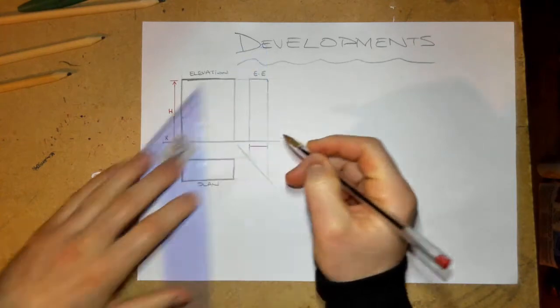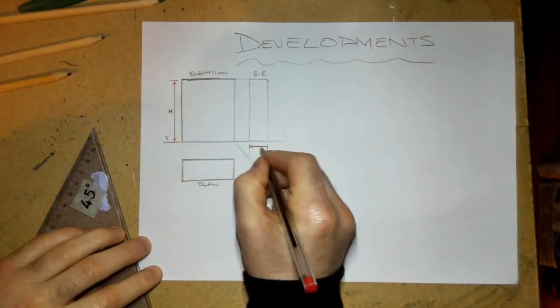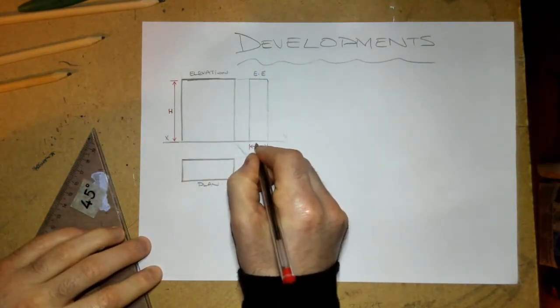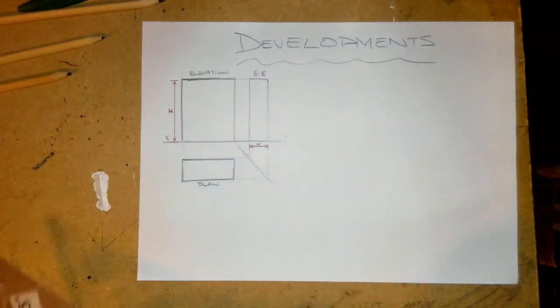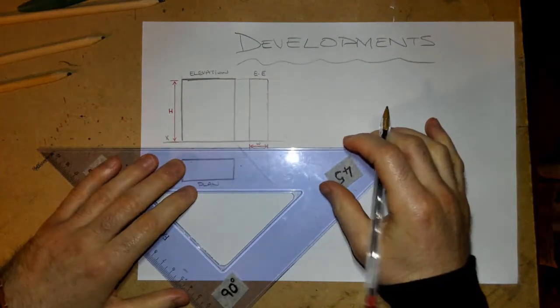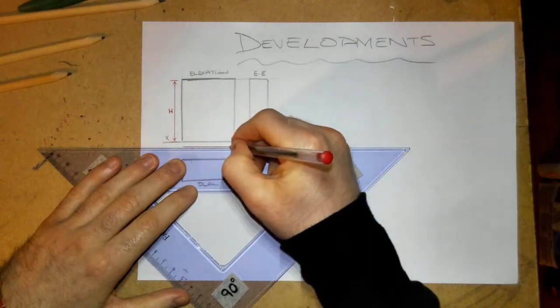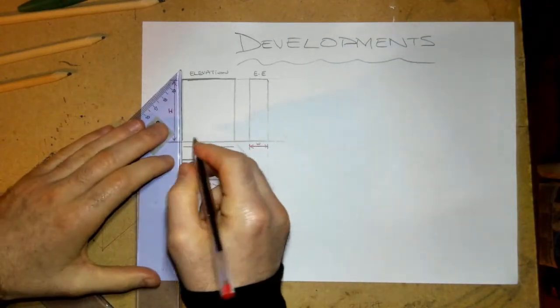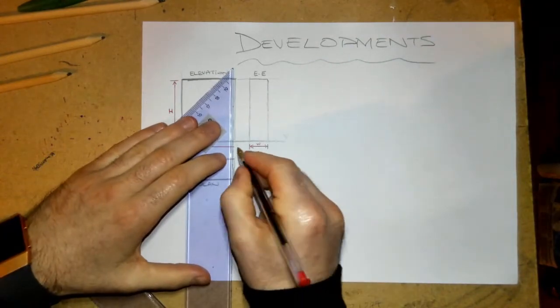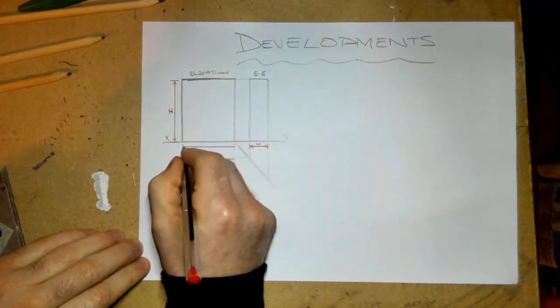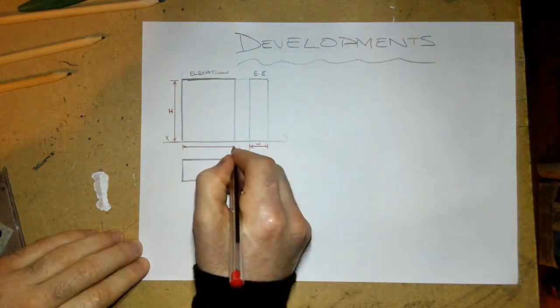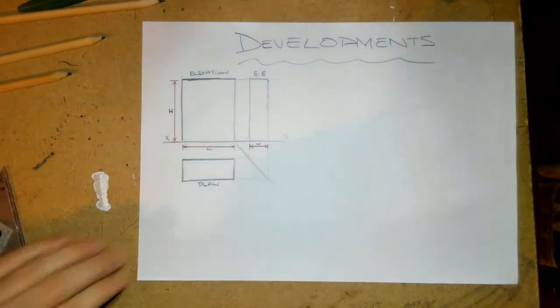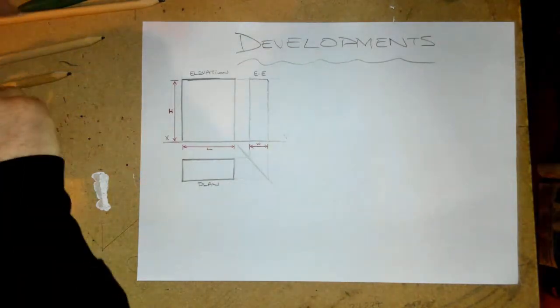That's our width, or what could otherwise be known as our depth. And then also we have a length, from here to here. There's our length. So height, width, length. Very, very important.